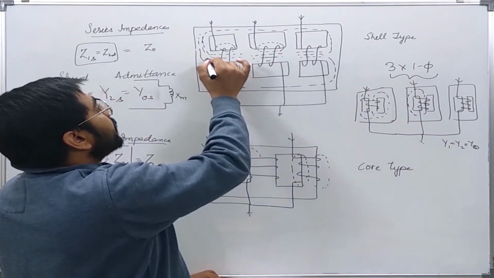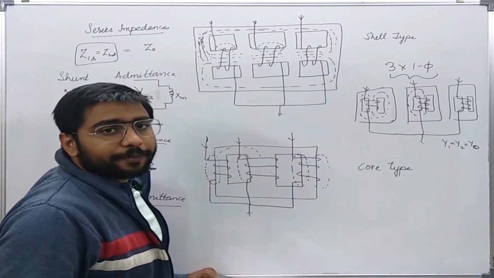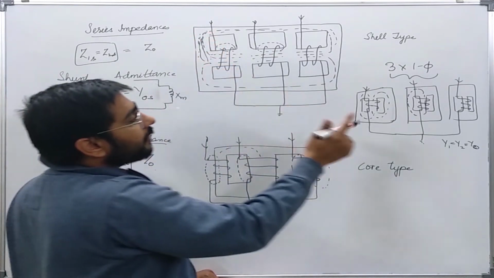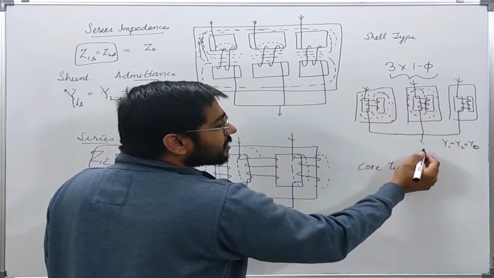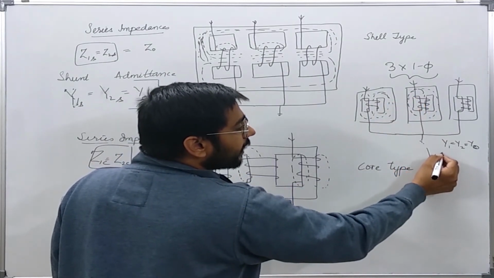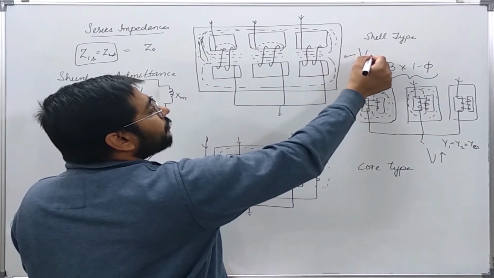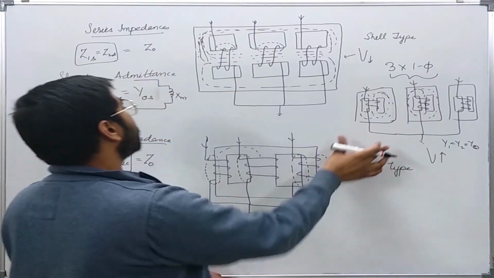When the quantity of flux increases, saturation will appear faster, because this is the same iron core. However, these iron cores are independent, so here saturation will occur at a higher voltage, but in this case saturation will occur at a much lower voltage as compared to this kind of construction.